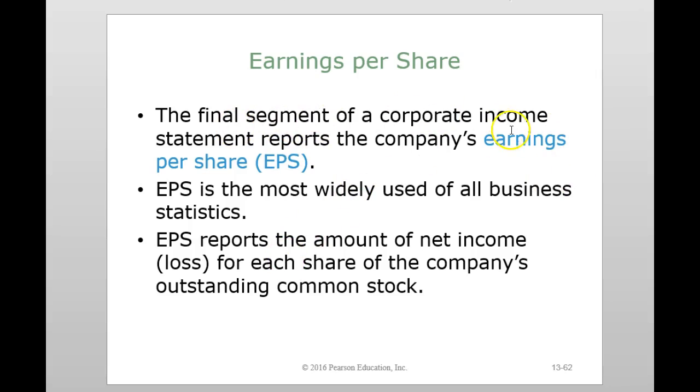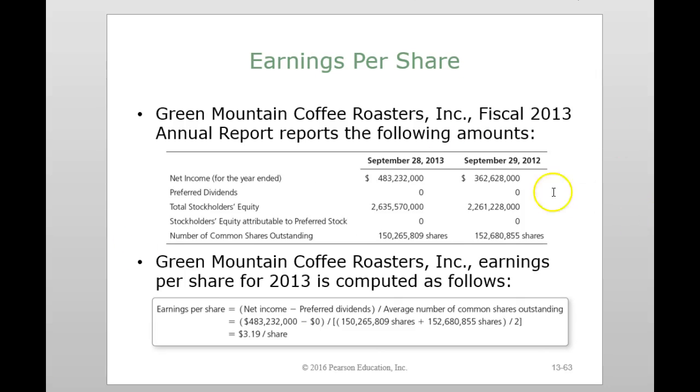The earnings per share is found at the tail end, the final part of a corporate income statement. In fact, it must be there. It is required by the SEC. Here's the equation: net income minus preferred dividends divided by the average number of common shares outstanding.